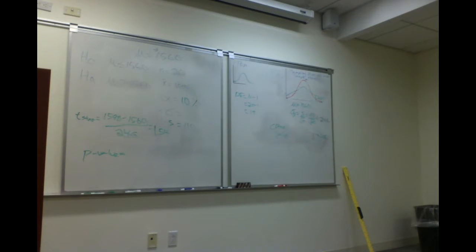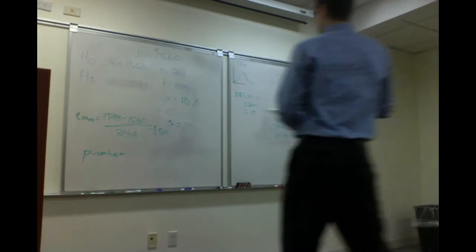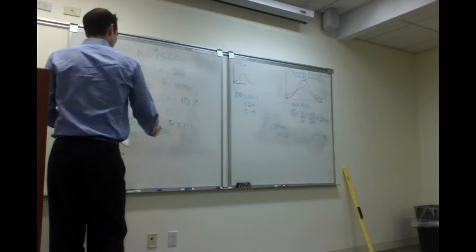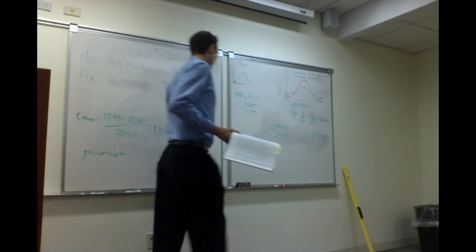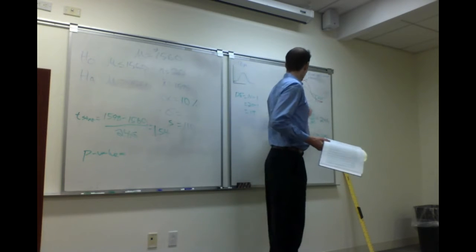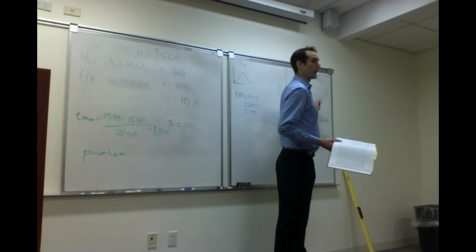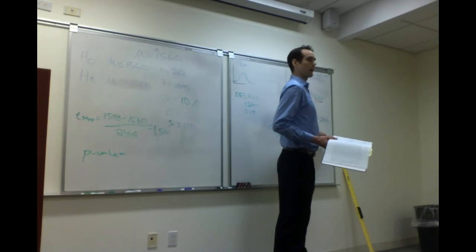Now, we determined a minute ago that the area in the right tail was the 10% of the area in the right tail was above 1.328. Now, we've got a T-stat of 1.54, which means that this 1.54 falls somewhere above this line, which is represented by 1.328.